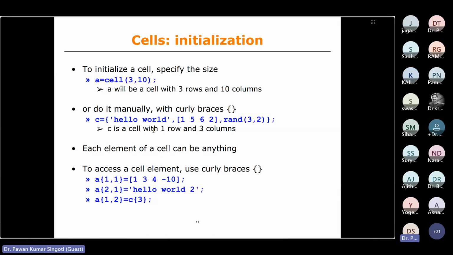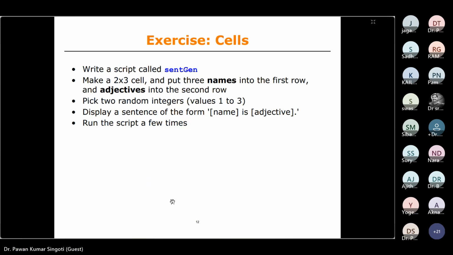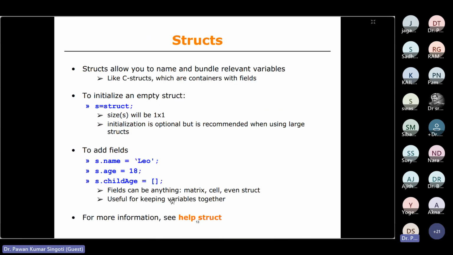So C is a cell with one row and three columns. Each element of a cell can be anything. To access the cell elements, use curly braces. So this matrix will be in the cell array format, hello world 2 will be in the cell array format. Like this we can initialize the cell. This is the basics of cells.